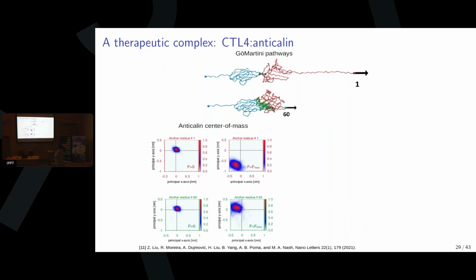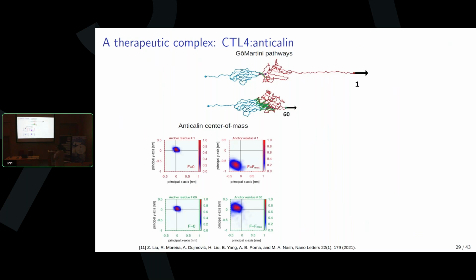You could also see some motion. This is the PCA of the center of mass of the protein complex. If you pull from residue 1, the system stays at the beginning in the initial position, but at Fmax the protein changes side of the interface, it shifts, and then it is removed from that position. While if you take residue 60, the center of mass of the protein complex stays around the same initial position.